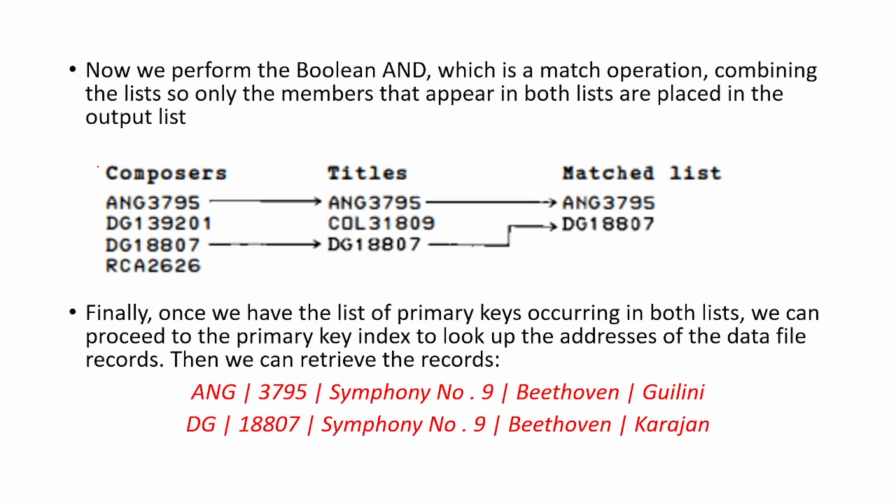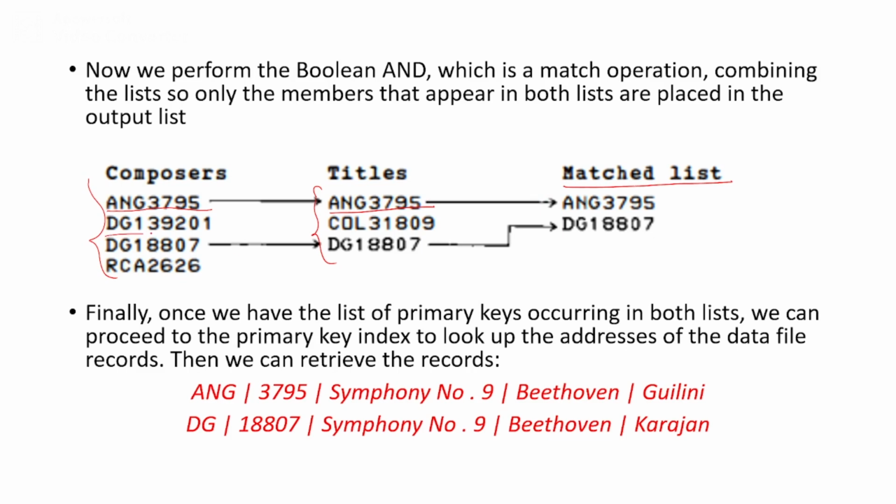Now what I am going to do is write all the composers I had, four different ones, and three different titles. Now I am going to find out which are the same. The first one is ANG 3795 and I am going to compare it with this. I got the match, so I will write it in the matched list.